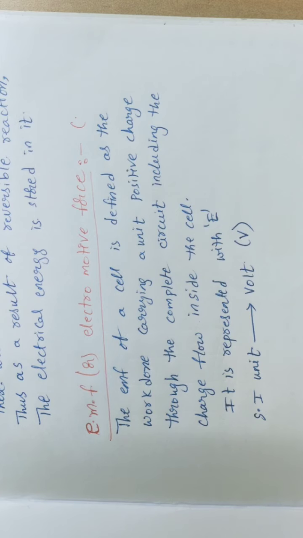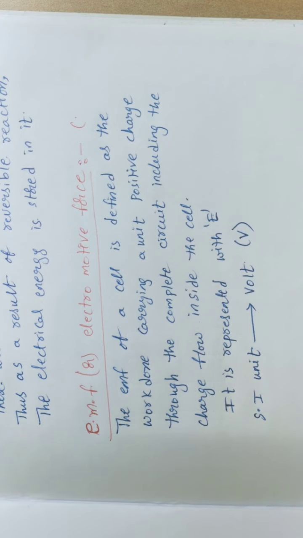The amount of work done in carrying a unit positive charge through the complete circuit, including inside the cell, is called electromotive force. It is represented as EMF or as capital E, and is measured in volts.